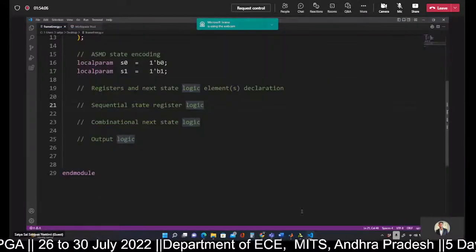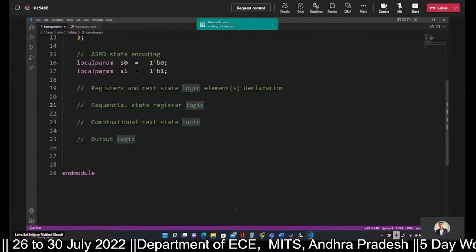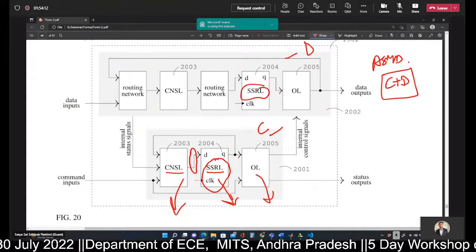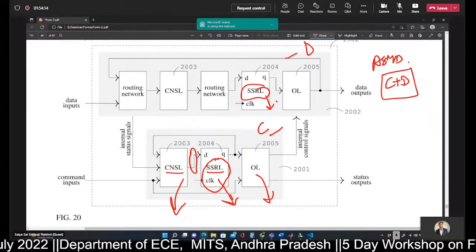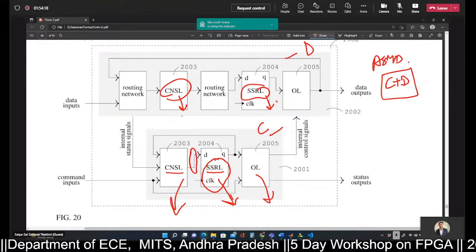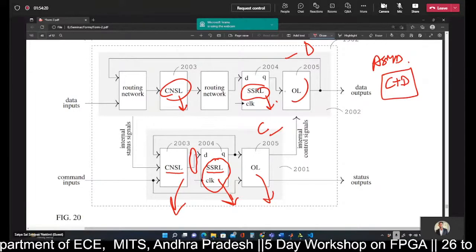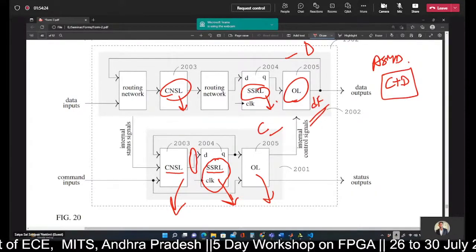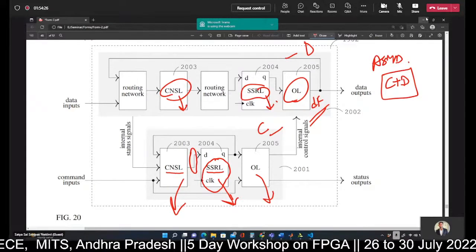Coming to the sequential state register logic, we have to write it in behavioral. Combinational next state also we have to write in behavioral. Only the output logic will be in data flow, which we will see later.